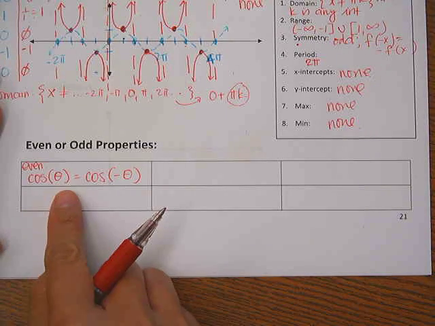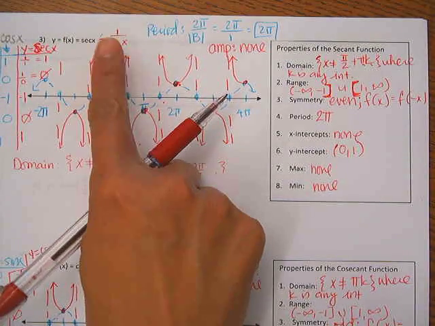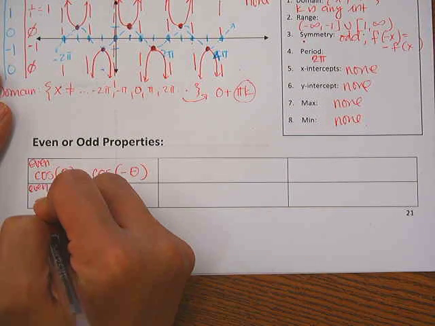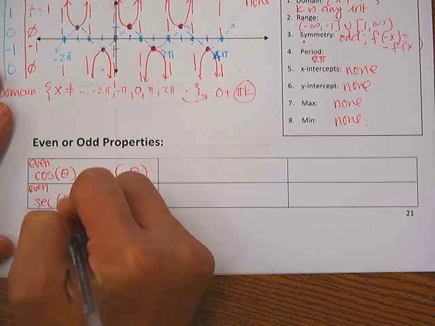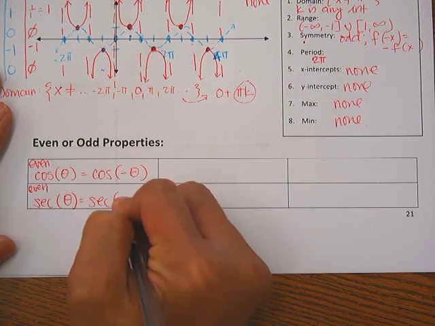Well, the reciprocal function of this is secant. So secant is also an even function. Secant of a positive angle is identical to secant of a negative angle.